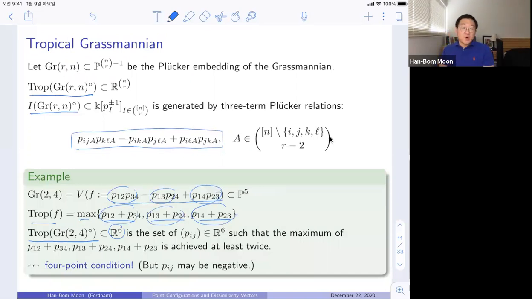But one thing I want to point out is that the condition for the tropicalized Grassmannian Gr(2,4), the set of points such that the maximum of three linear polynomials is achieved at least twice, is exactly the four-point condition I explained in the first part of the lecture. The only difference is that at that time we used the distance vector, so d_ij was always positive, but here p_ij may be negative, so there is no sign condition. That's the only difference.